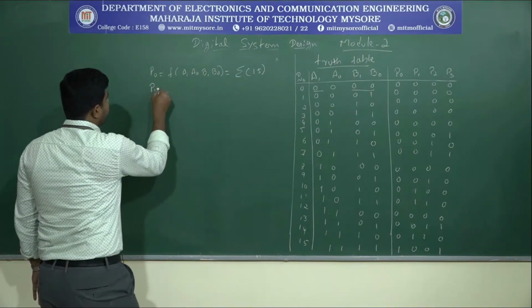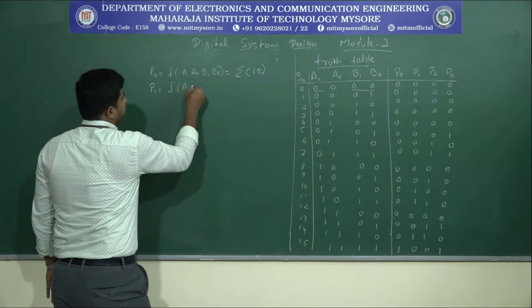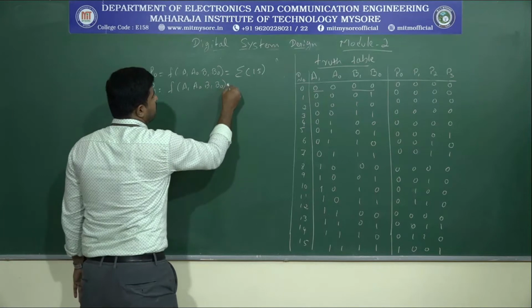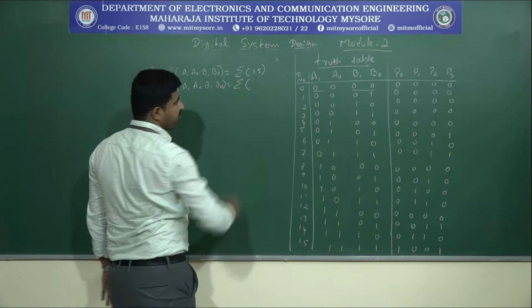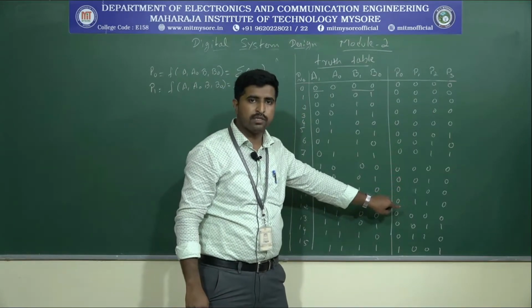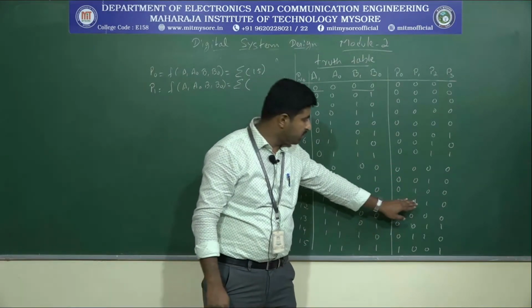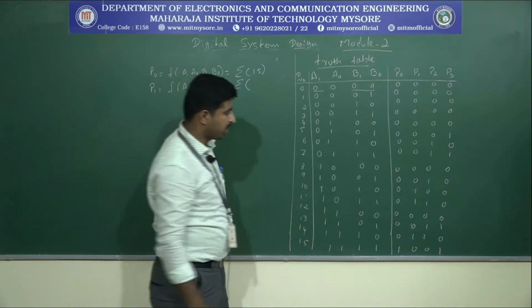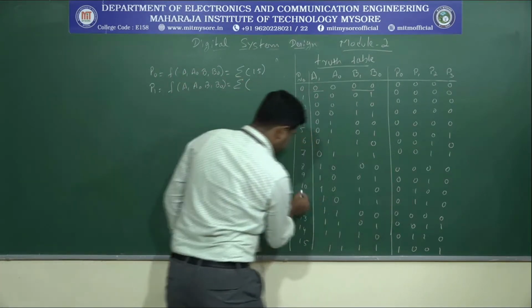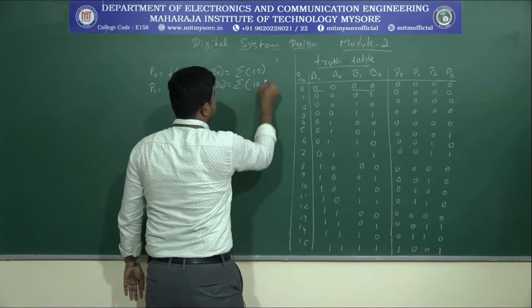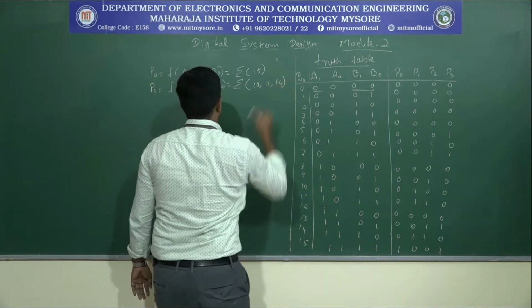Similarly, let us consider P1, f of A1, A0, B1, B0 equals summation of. Wherever P1 is logic 1, we need to see the corresponding input and write the equation. So that is 10, 11 and 14.